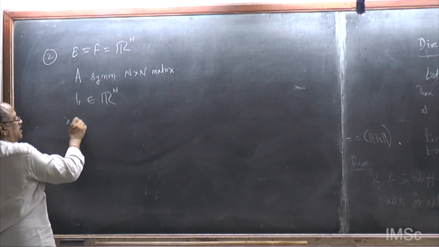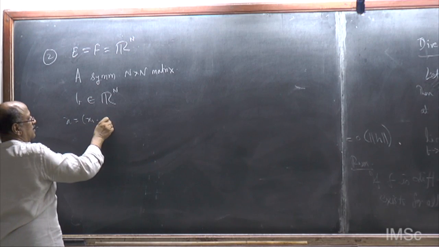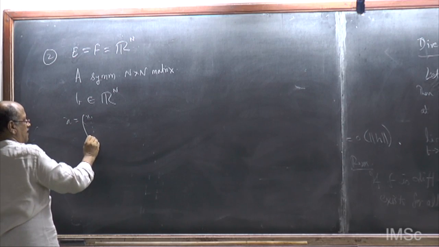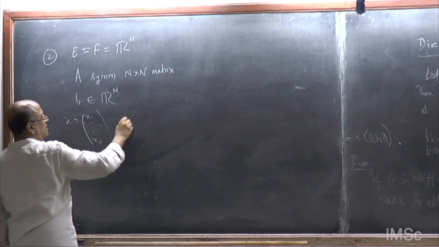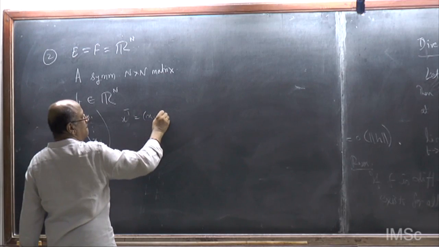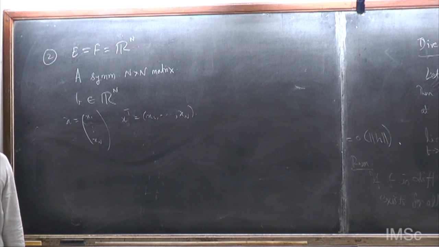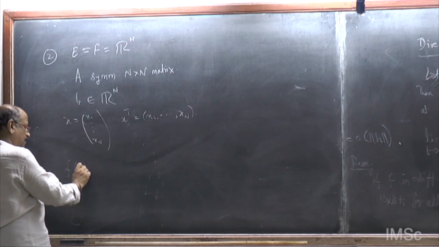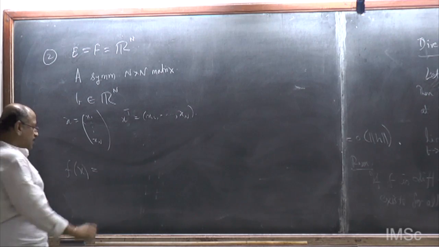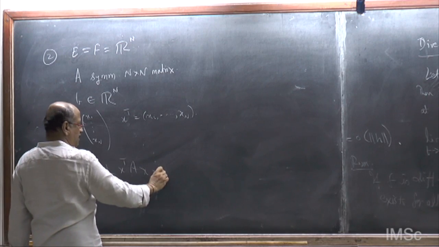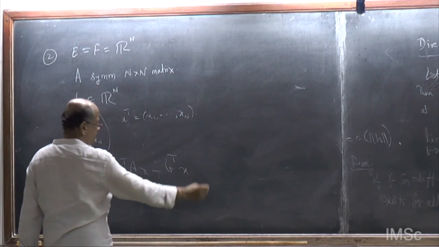So, x for me is (x1, ..., xn). Actually, I will want it as a column vector. So, x transpose will be (x1, ..., xn). Okay. And I am going to define f(x) as 1/2 x transpose Ax minus b transpose x.